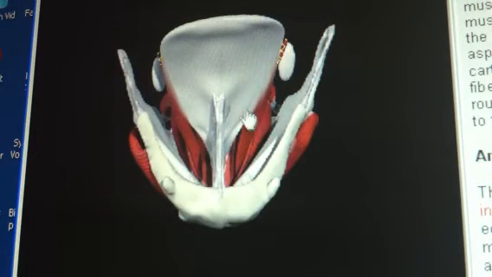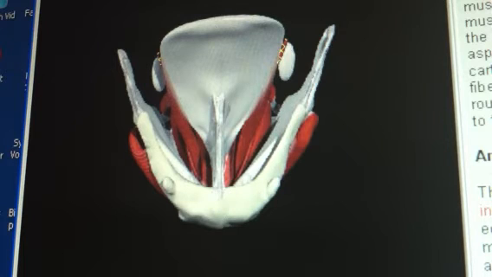All right, here you see a ligament that I didn't have a chance to mention before, and this is the hyoepiglottic ligament, all right, and this is an extrinsic ligament of the larynx.